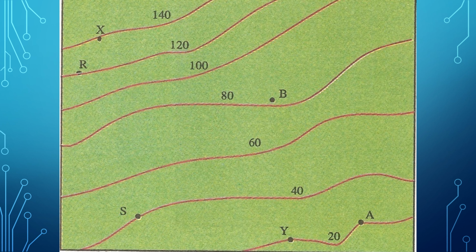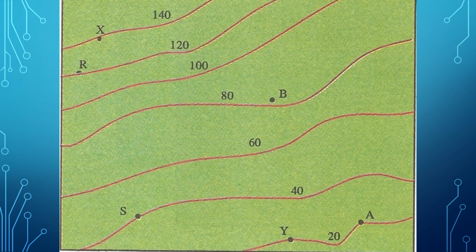So here we have our situation played before us. We need to find the gradient of the slope between point X and point Y. Point X is at 140 meters and point Y is at 20 meters.